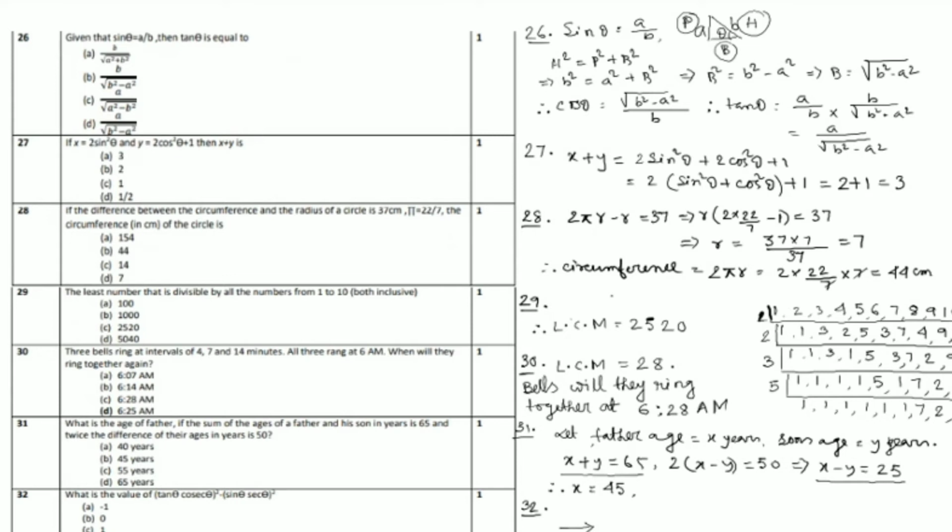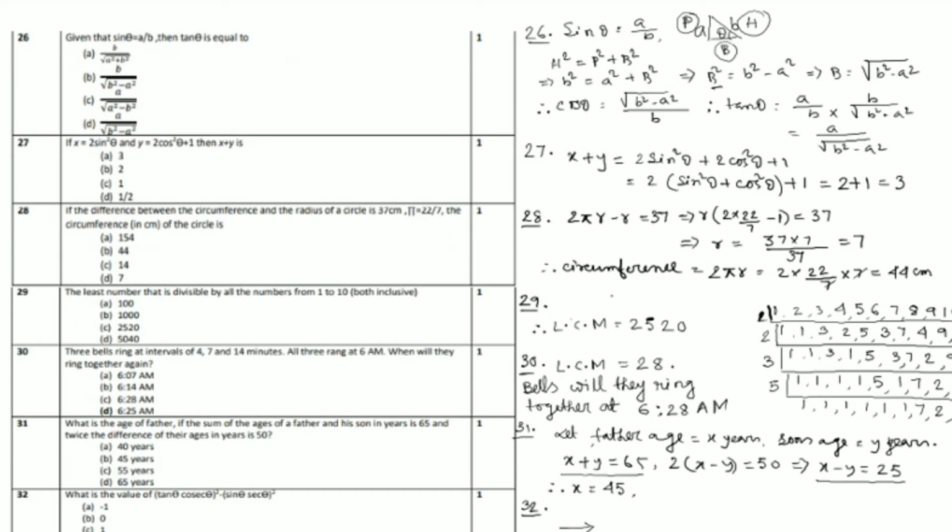From sin theta we get perpendicular and hypotenuse. So the value of perpendicular is A and the value of hypotenuse is B. We write B for H, so it will be B square, and A for P, so it will be A square plus base square. So from this equation we get base square is equal to B square minus A square, and base is equal to root over B square minus A square.